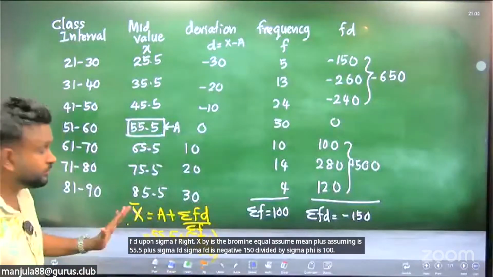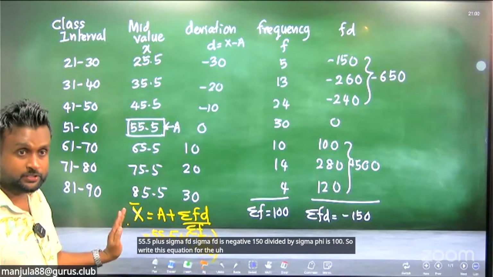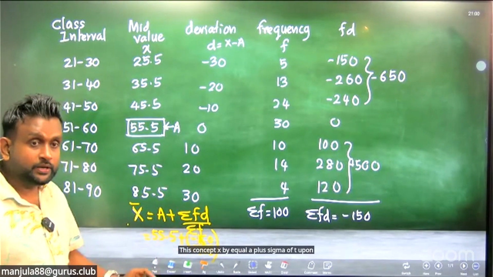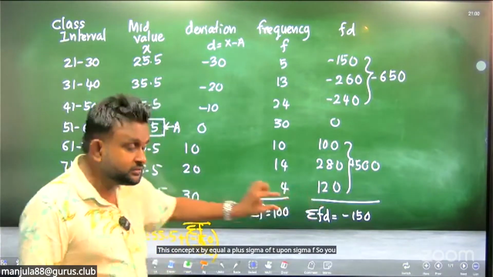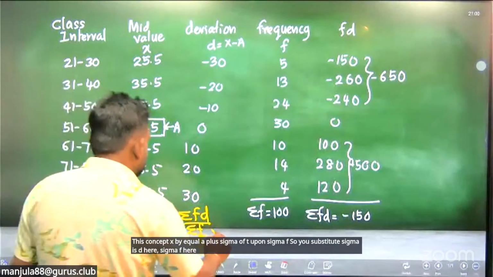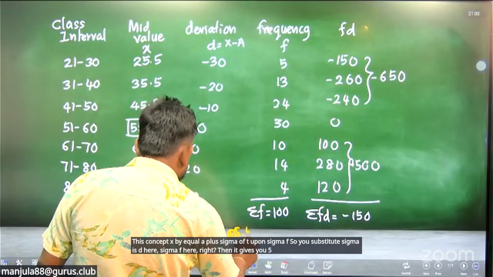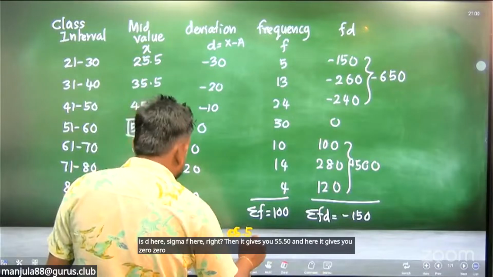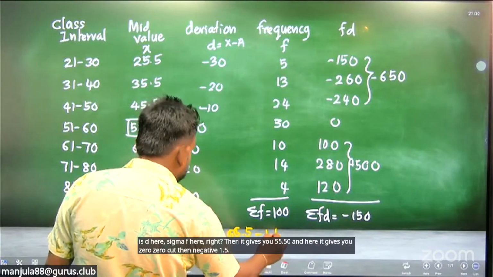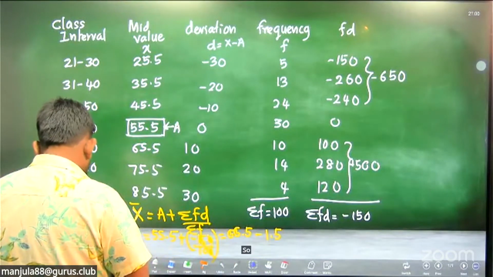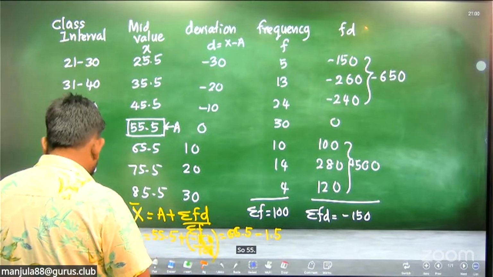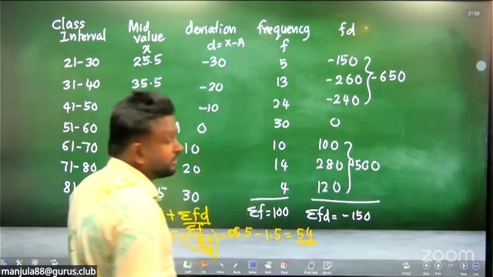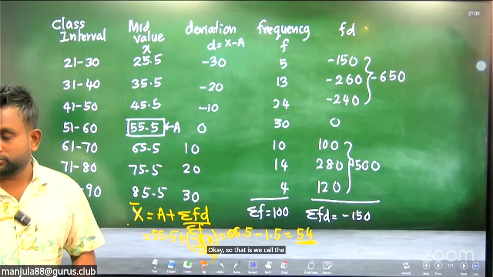So you substitute sigma fd here and sigma f here. Then it gives you 55.5 and here negative 1.5. So 55.5 subtract 1.5 gives you 54. That is what we call the true mean. So the true mean is 54.